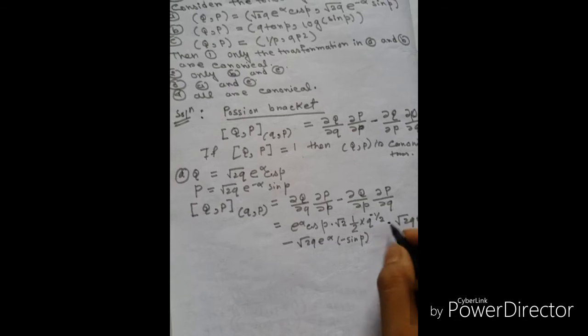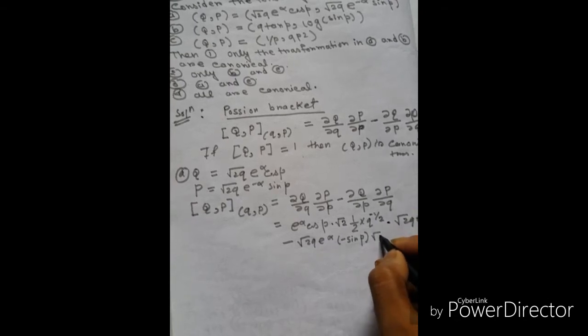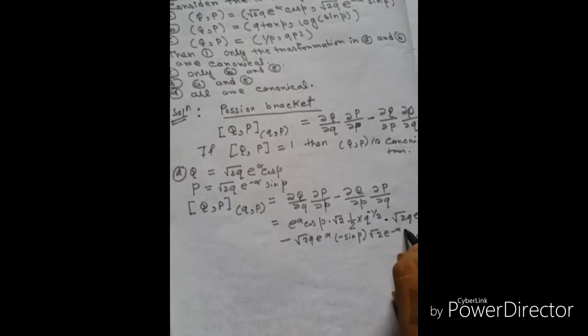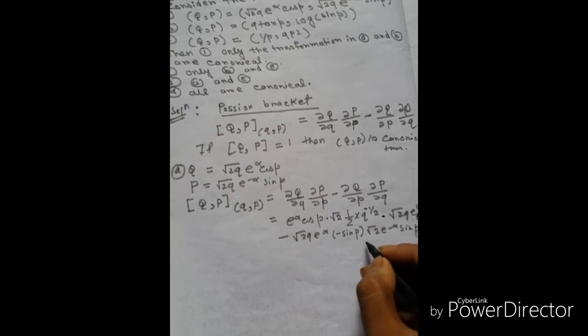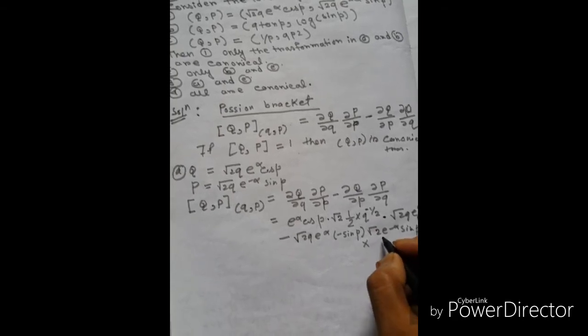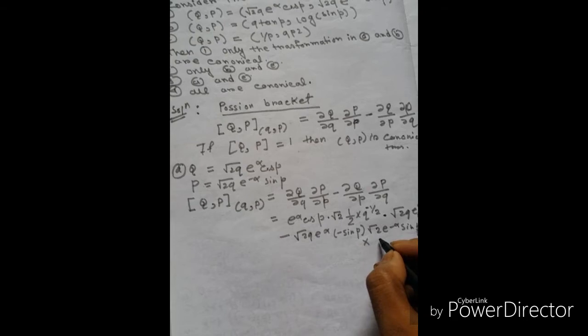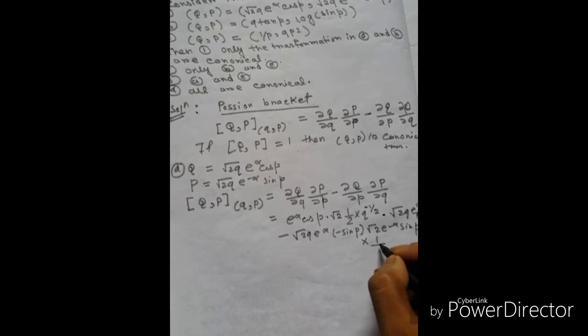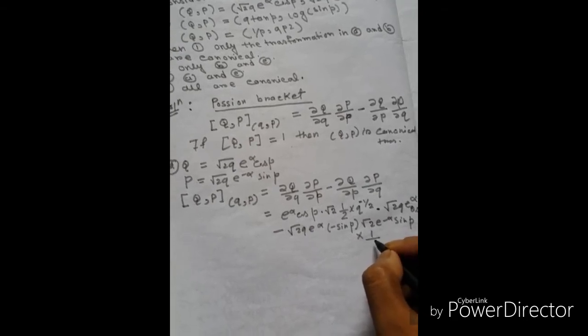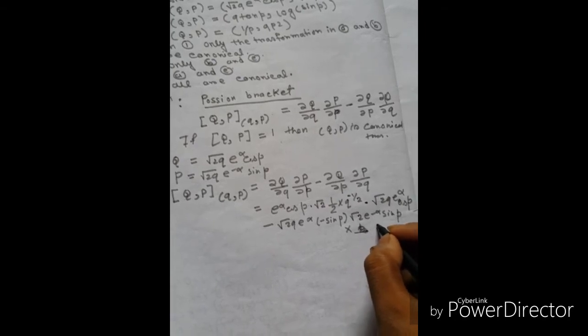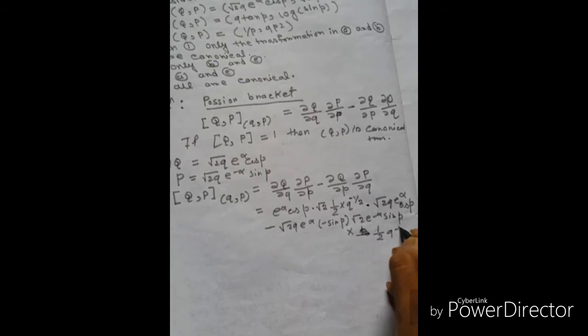and del P del q, which is root 2 e to the power minus alpha sin p into half q to the power minus half.